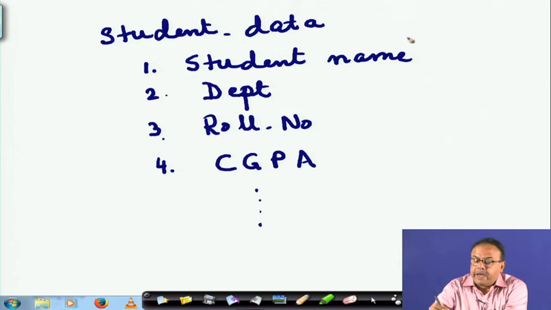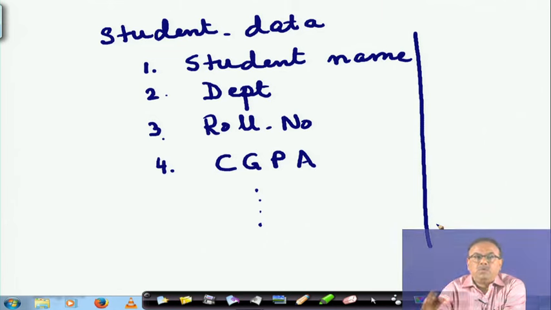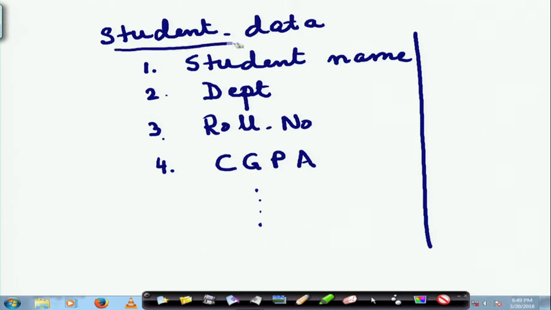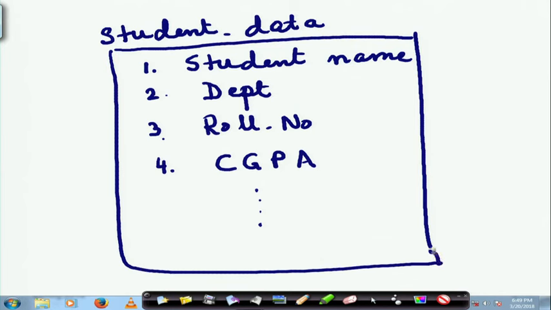Now, let us look at it: if I want to store them together as a common piece, a student data, then this entire thing has got components of different data types. For example, what will be student name?